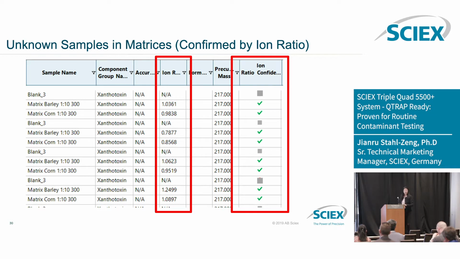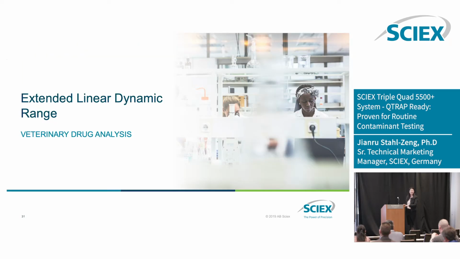And I just want to give you another 2 or 3 slides to show you the extended linear dynamic range. If you remember, I showed you at the beginning the 2 major performance enhancements with the 5500 plus: speed and the linear dynamic range. For the linear dynamic range, we decided to use antibiotics.